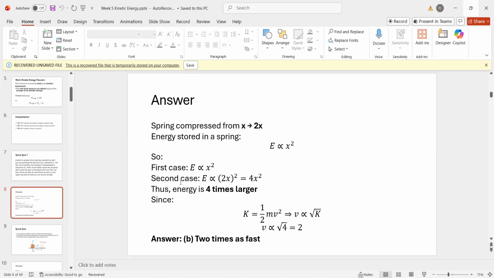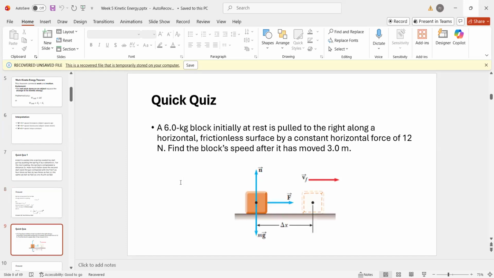So you multiply both sides by 2, and you have mv squared. Have you gotten why the answer is supposed to be 2 times as fast? No, sir.